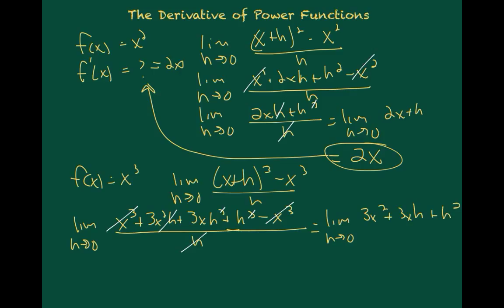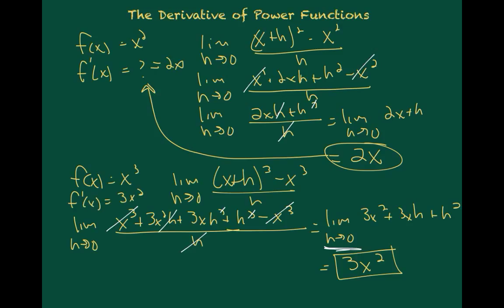Now, as I take that limit as h goes to 0, that's going to equal just 3x squared. All right, so when the function was x cubed, the derivative is 3x squared.